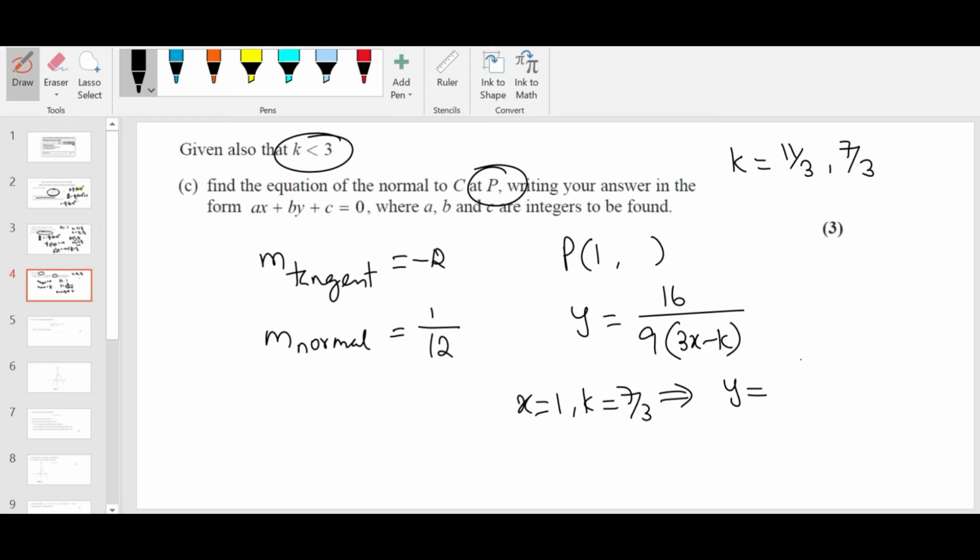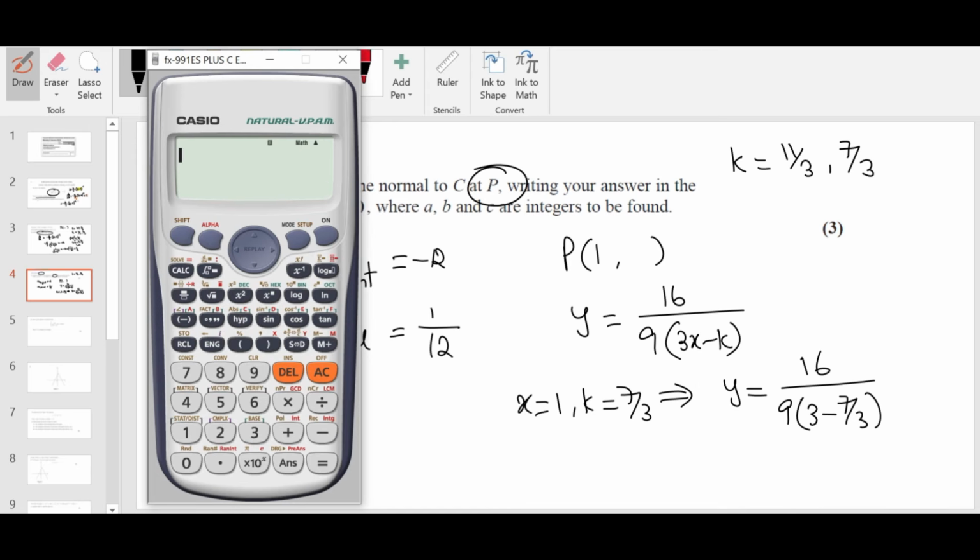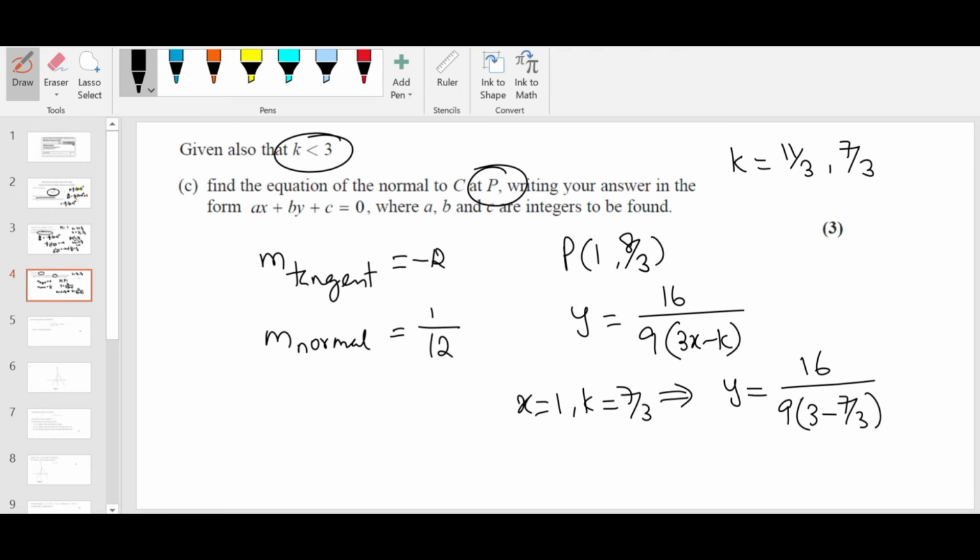Y is 16 over 9 times, x is 1, so 3 minus 7 over 3. Just simplify this. So we'll get 8 over 3 is the y coordinate of the point.